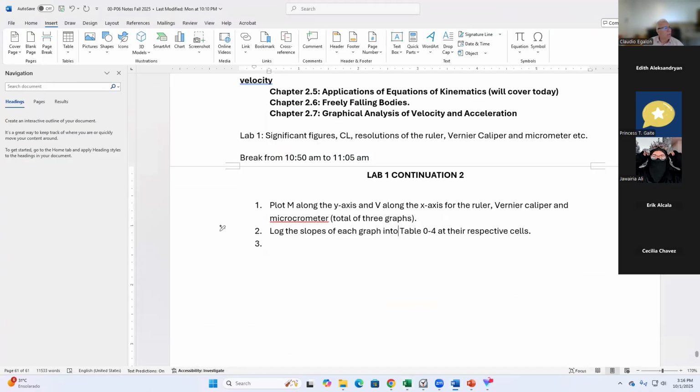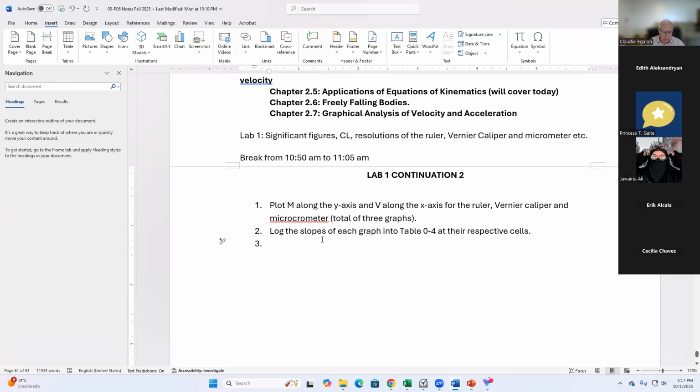Well, I usually like to tell my students that the priority in our lab will always be to plot the graph. The first thing that we do in the lab is to plot the graph. Then you log the slopes of each graph into the table to see the percentage difference.